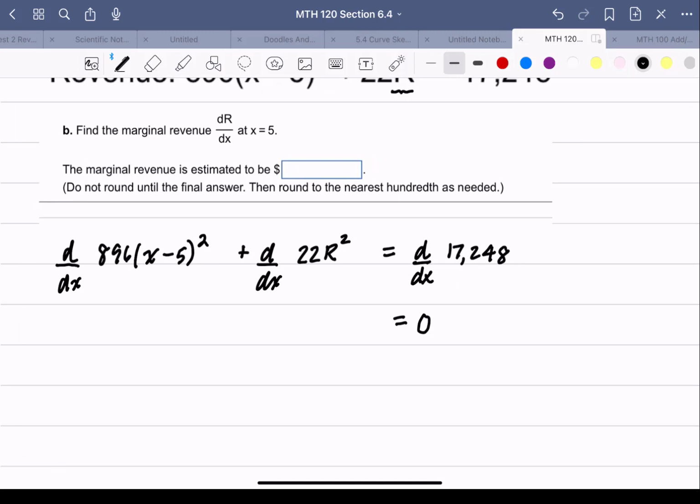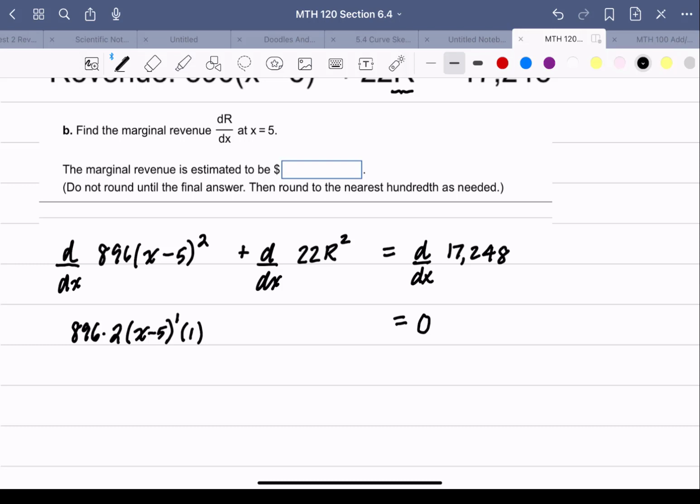So the first term is going to be 896, a constant, times the power, 2, times the base to the power minus 1. And then I'll go ahead and do the chain rule inside by taking the derivative of the base, but it turns out to be 1 this time.